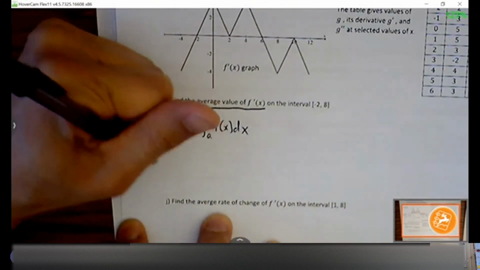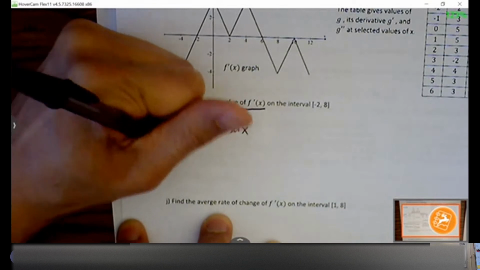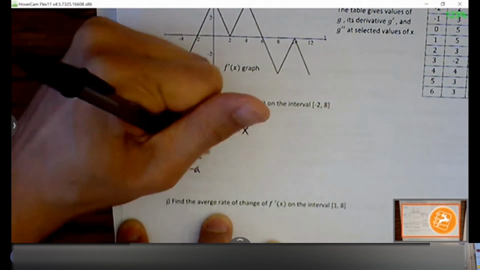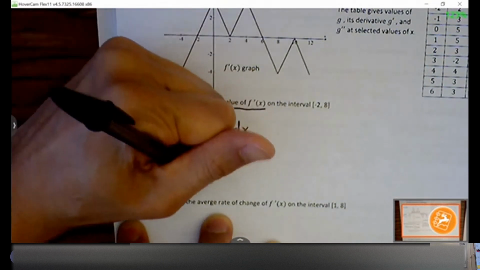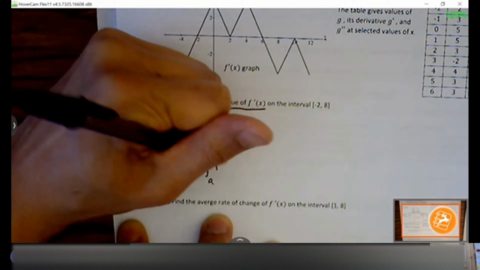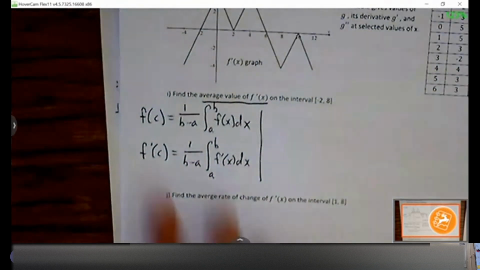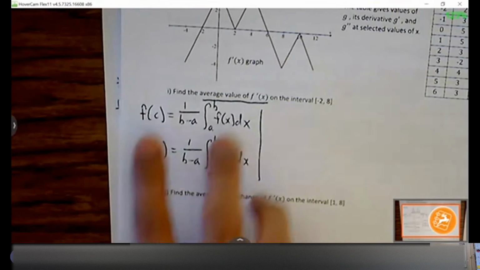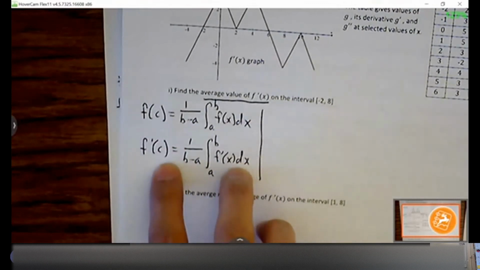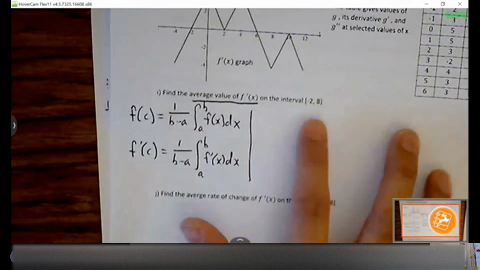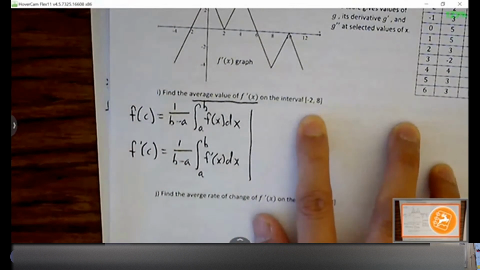So if I want to find average value of f prime, still 1 over b minus a, but I now need to total the region for my f prime graph. Okay, so I'm going to use this adapted version of average value theorem. Replace A and B with -2 and 8.